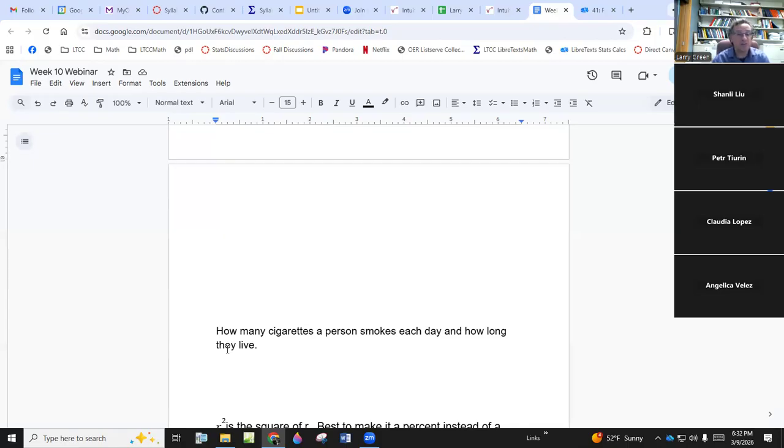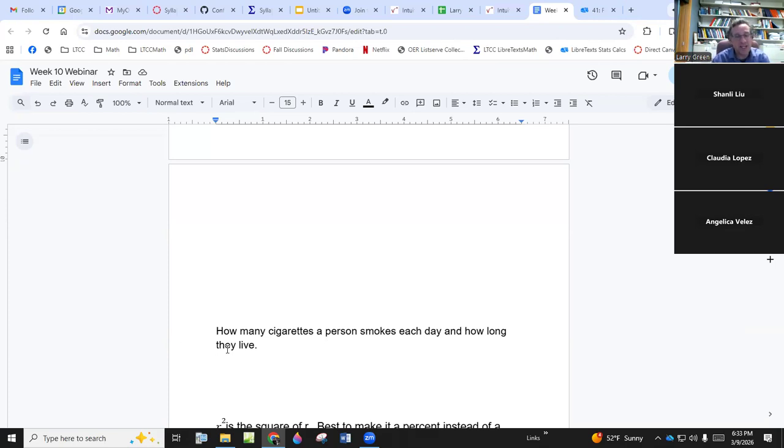Does that make sense? So, if you increase how many cigarettes a person smokes, the lifespan decreases. And remember that we have a negative slope. As one goes up, the other goes down, or at least tends to go down. It doesn't mean that someone who smokes none will live for sure a long time, but there's definitely a correlation.